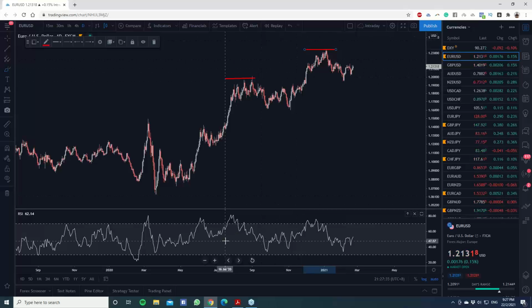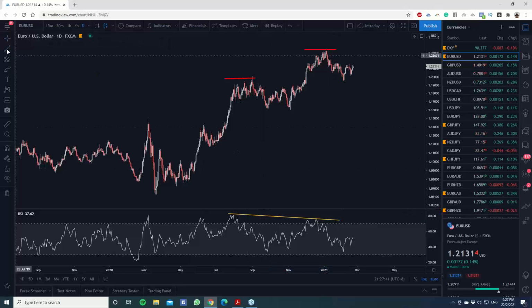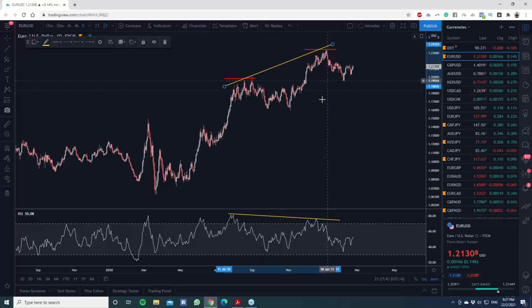But immediately, if you take a look at your RSI, what do you spot? You can very quickly spot a divergence. While price is going up, you do realize that the RSI is actually forming a lower low. When that happens, what does it tell you? It tells you that there's a very high chance that a reversal is potentially happening, or at least a pause.